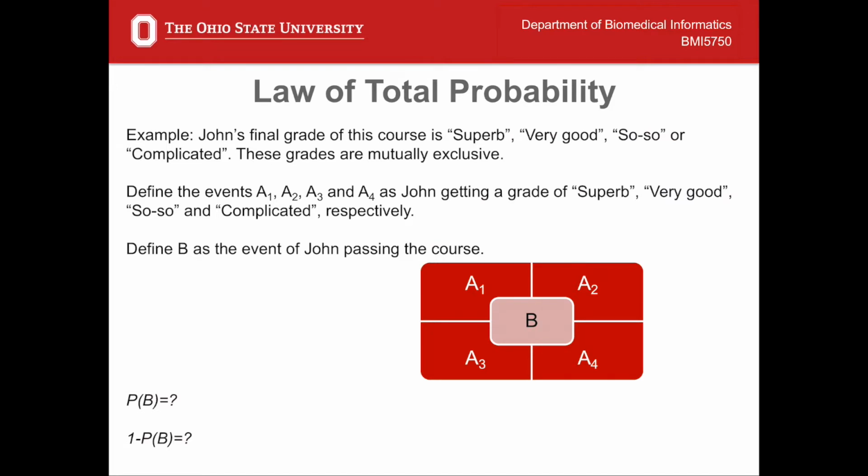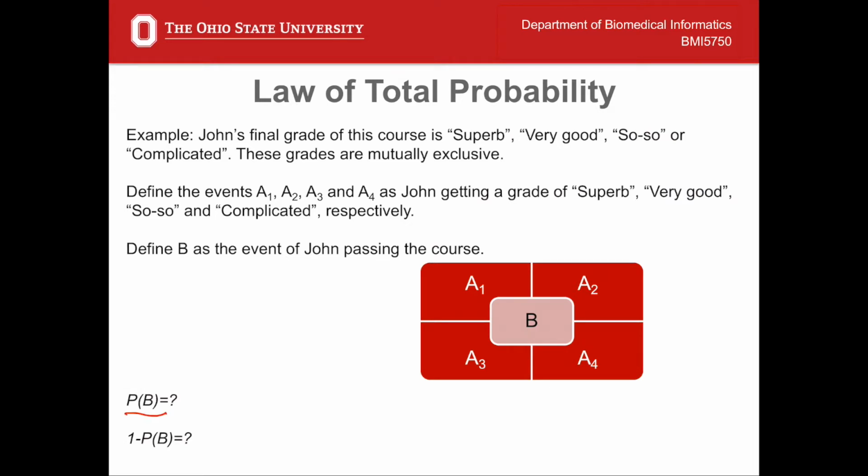Here is an example. John's final grade of this course has 4 possible outcomes: either superb, very good, so-so, or complicated. These grades are mutually exclusive. Then we define the events A1 to A4 as John getting a grade of superb, very good, so-so, or complicated. We define B as the event of John passing the course. What's P(B)?